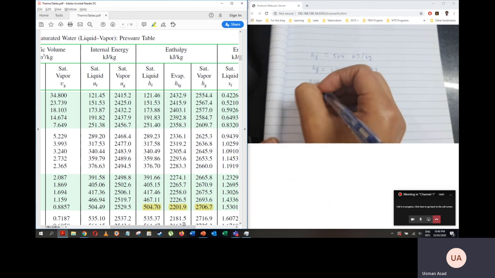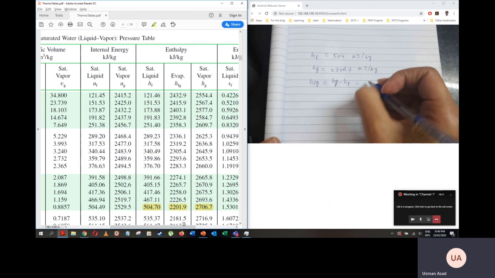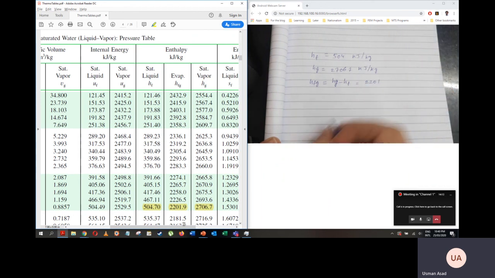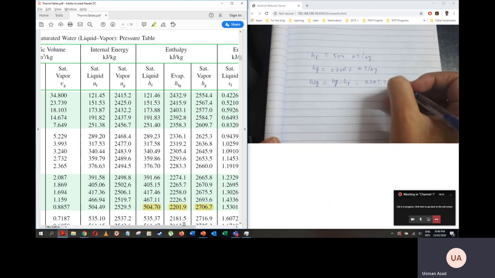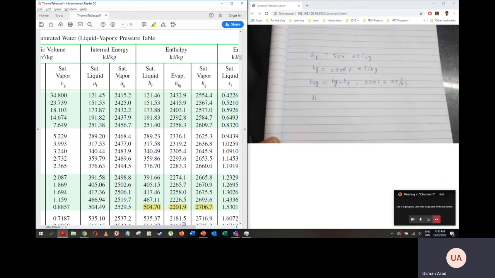HFG is just the difference between these two, which is HG minus HF, which is 2201.9 kilojoules per kg. जो हमें value चाहिए H की, that is somewhere in the mixed region, right?